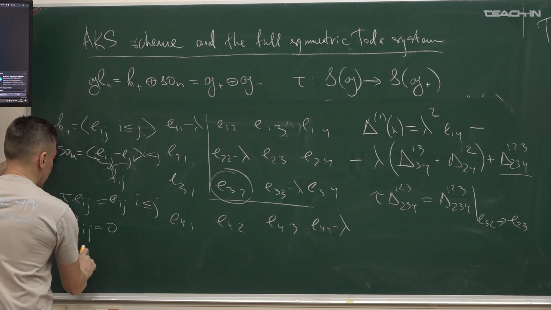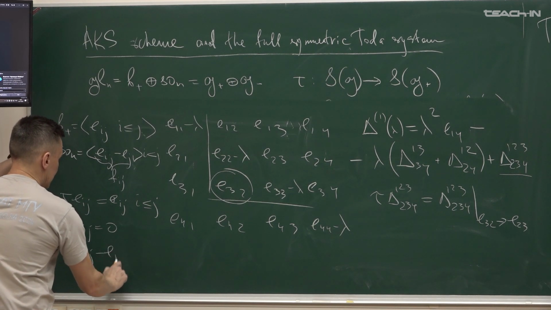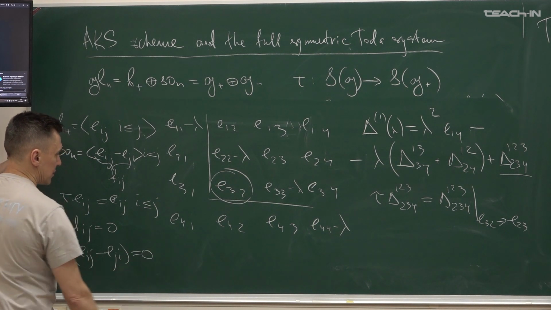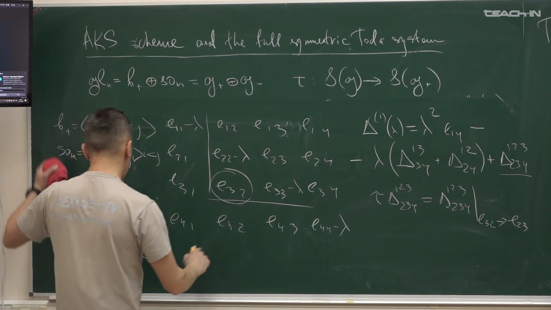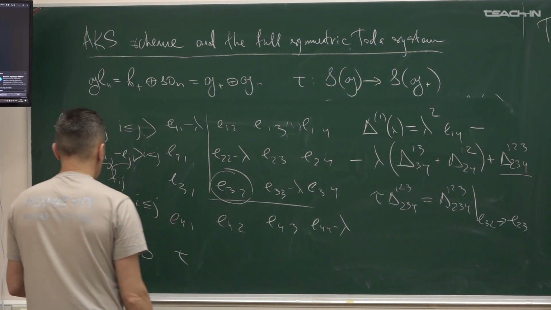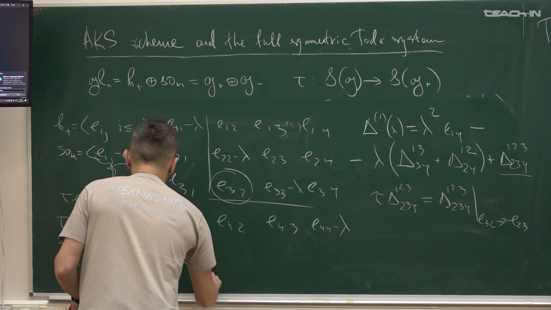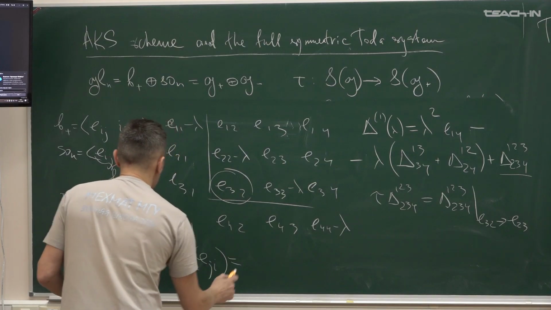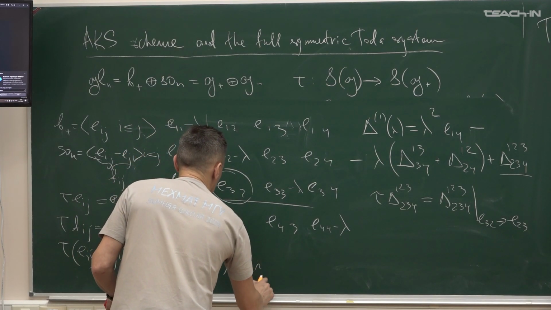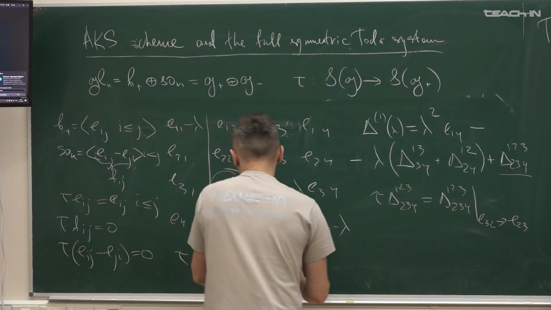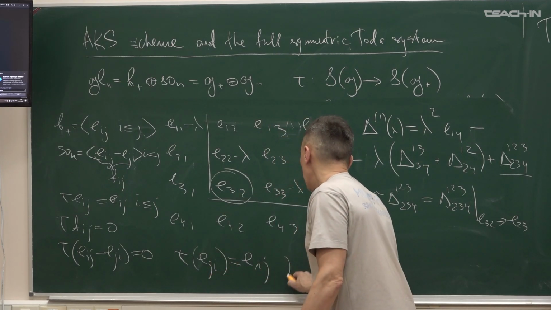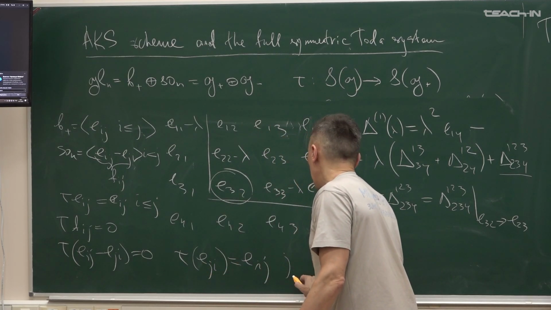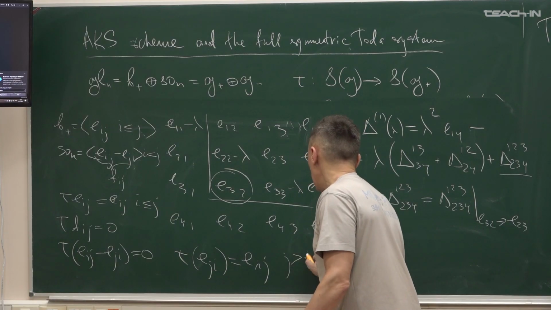So the projection of Eij minus Eji is equal to 0. And it means that the projection of Eji is equal to Eij if j is greater than i.